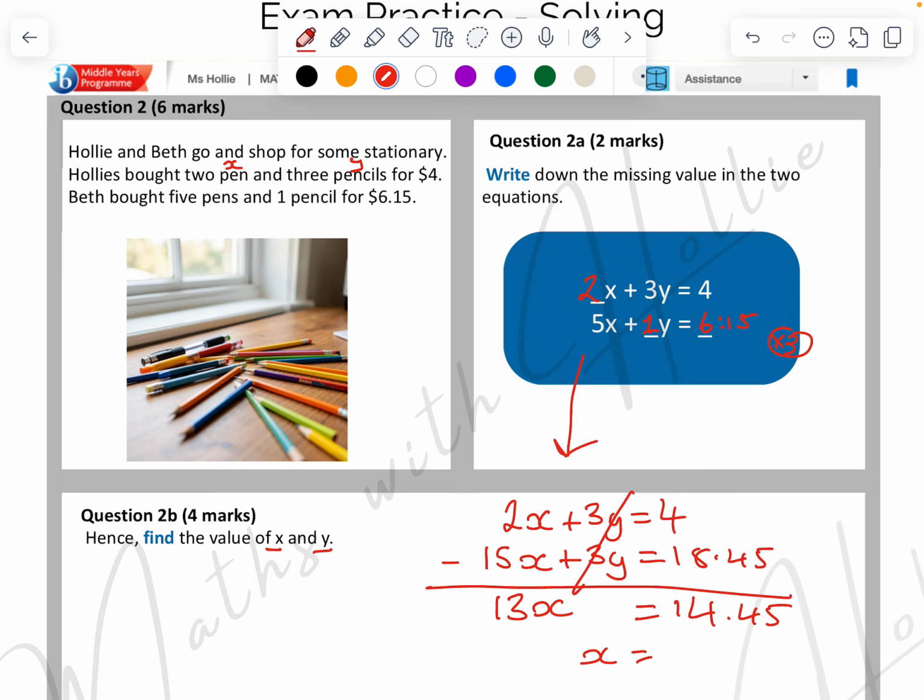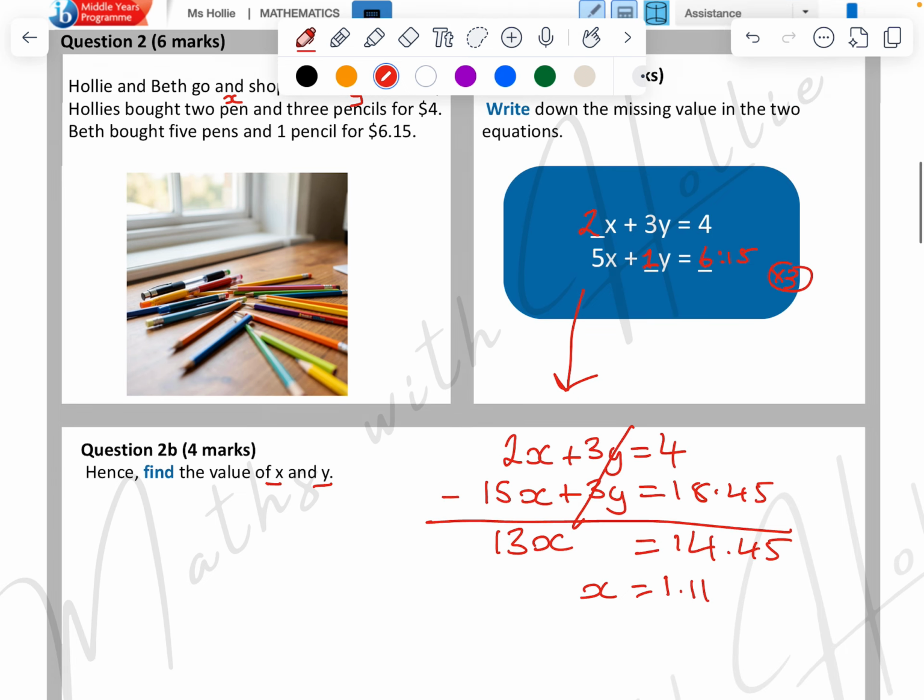So if we divide both sides by 13 to get what x is, which stands for pens, to 2 decimal places it is $1.11.